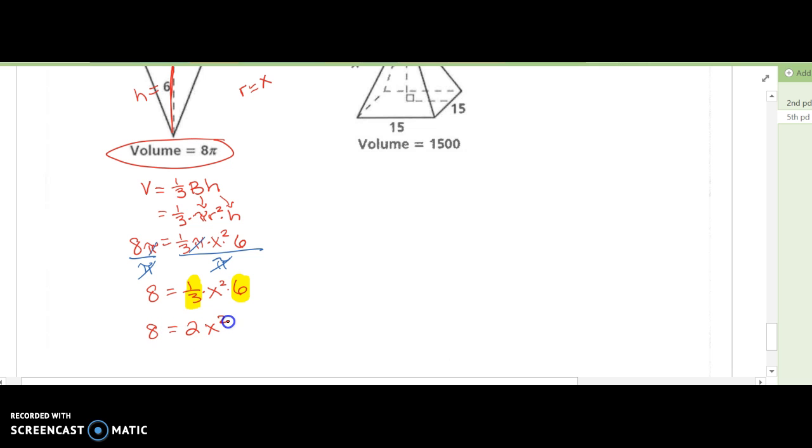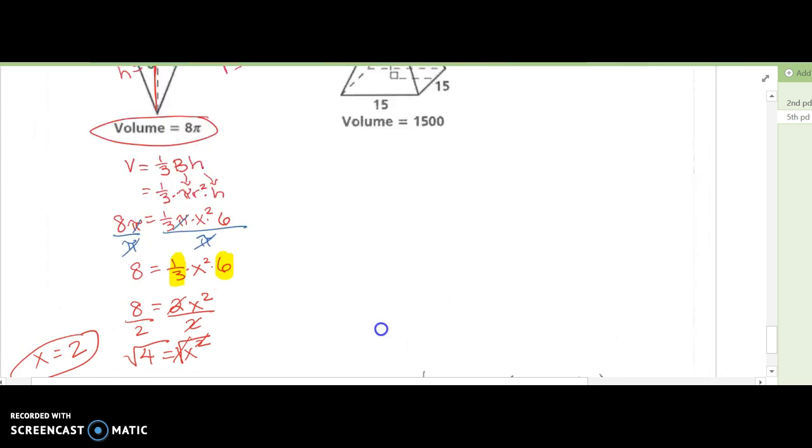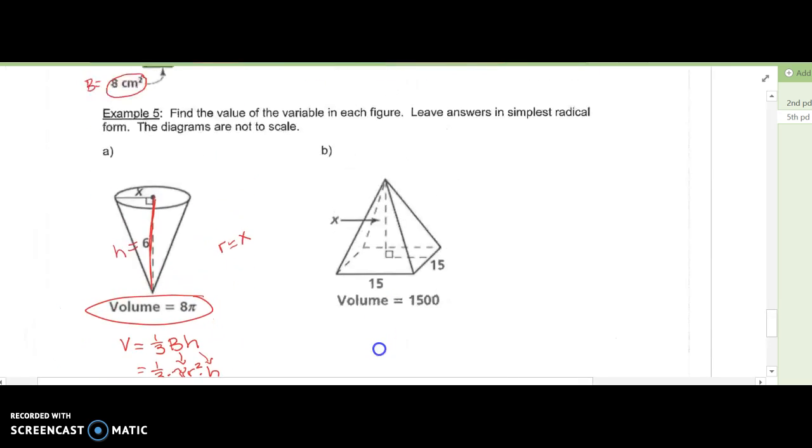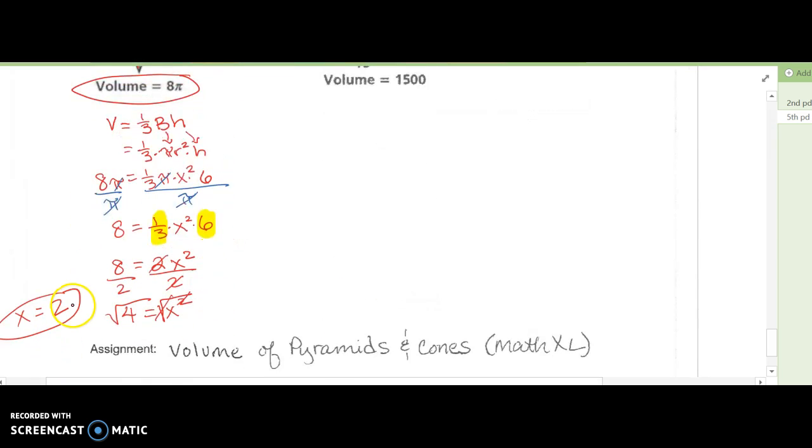So 2x squared, so I'm going to divide both sides by 2 to get x squared by itself. So that's 4 equals x squared. And to get x by itself, I'm going to square root both sides. So x equals 2. Your radius is 2. And it didn't give us units, so that's just 2 units.